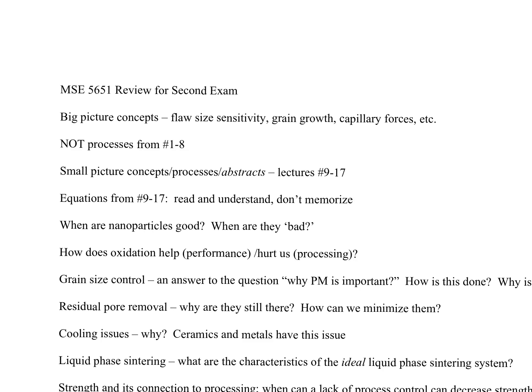So first off, think of Lecture 4. At this point, I'm assuming you understand Lecture 4 perfectly. So if you don't, you have to go back and look at that again, because those issues don't go away. And we also have other things that govern why we care about the processing of biomaterials, like flaw size sensitivity, grain growth, which we may review again, and capillary forces, all of which operate in MIM as well as they do in CIM.